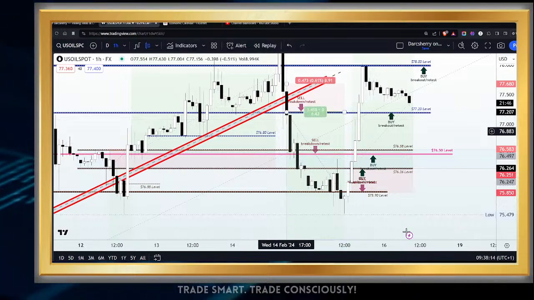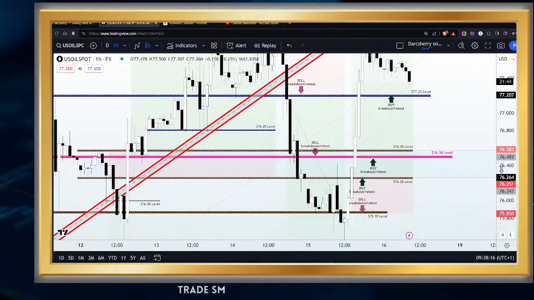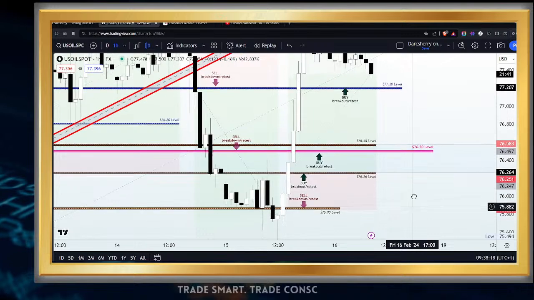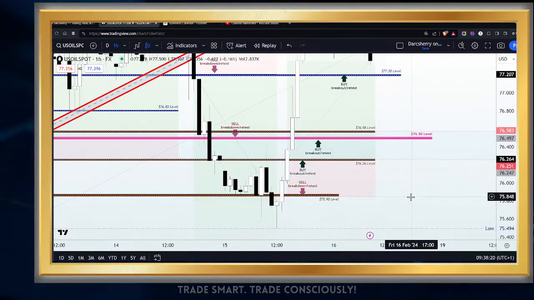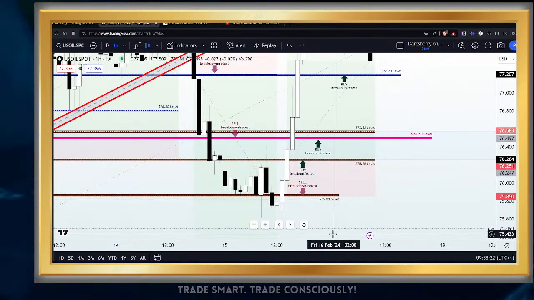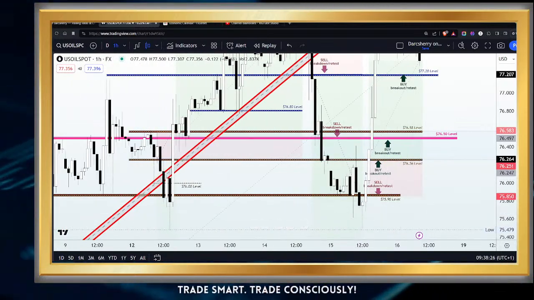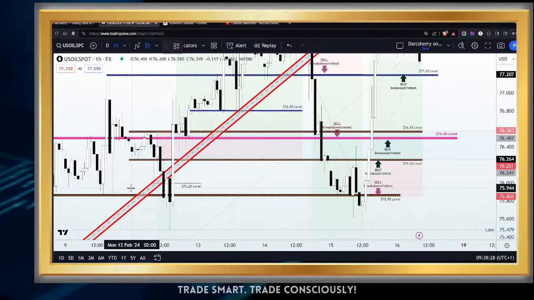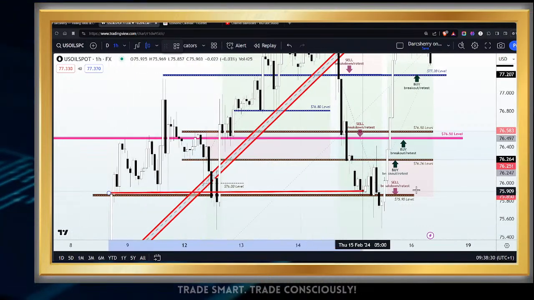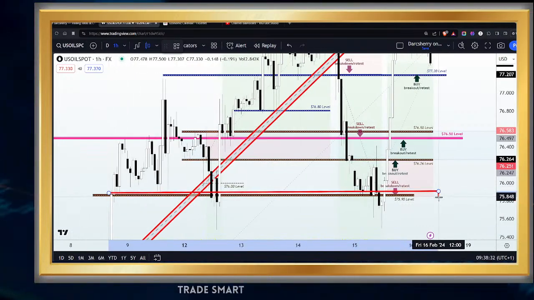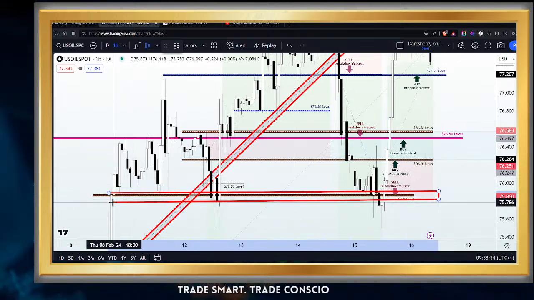Now, during our live session yesterday, we did talk about the potential that buyers may likely come in from this particular area. And if you remember vividly, we acknowledged the fact that the area around $75.90 has a strong memory for buying powers.